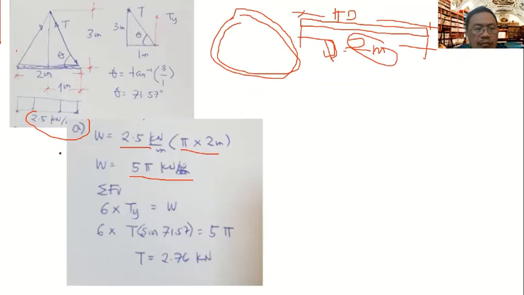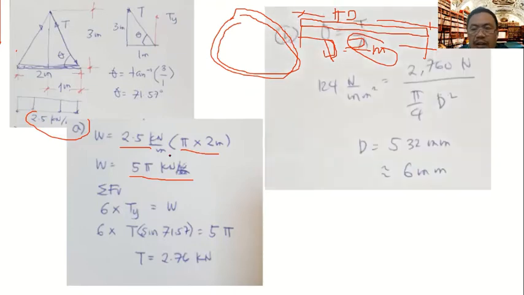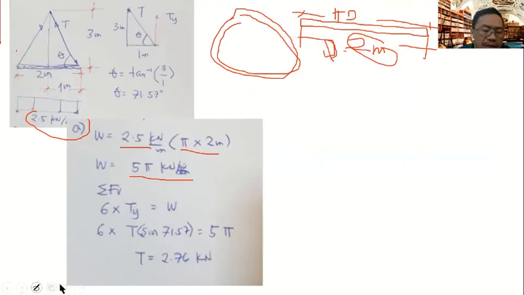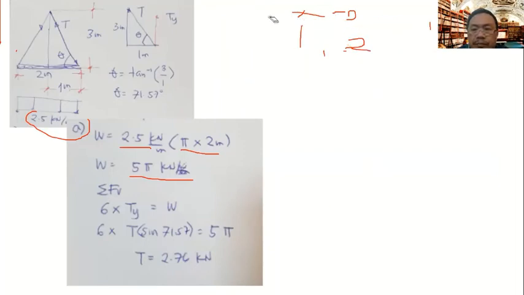Now, if we sum up forces vertical, what are the forces? So you have Ty, which is just equal to sine of theta. Itong theta, opposite siya. Sine of theta or sine of 71.57.